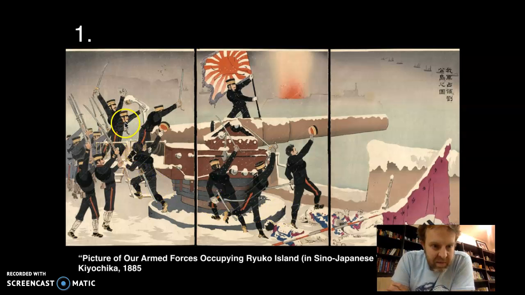You also can see the more Western style hair and Western style facial hair on the soldiers as well. So yeah, this is one that would maybe be about civilization and enlightenment, and also strengthening the military in terms of the slogans.